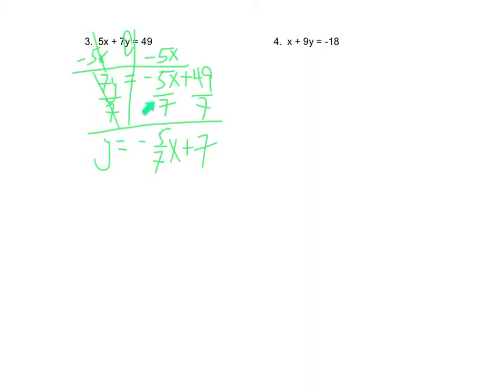And then over here, notice I divide by 7 to get negative 5/7 x. I divide by 7 to get 7. I can't do anything further on the right-hand side, so I can just put a little box around this to get to my final answer. I also don't want to make it any kind of a decimal, negative 5/7 x. Try the next one, pause the video, and then I'll show you the answer.